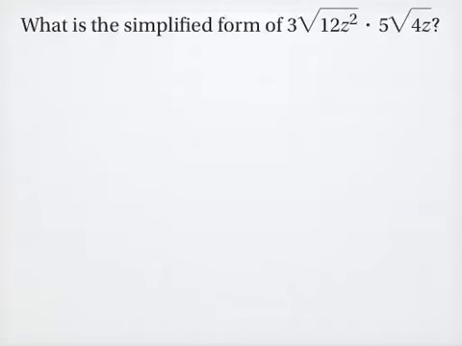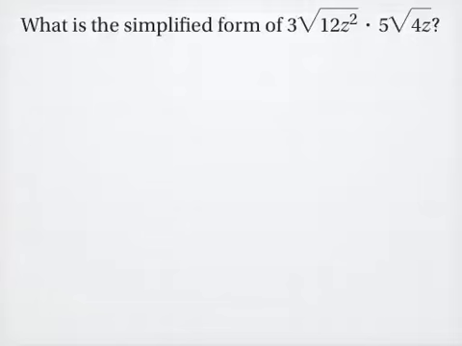This example asks us, what is the simplified form of 3 square root of 12z squared times 5 square root of 4z? You have an option here. Both the square root of 12z squared and the square root of 4z can be simplified right now, and you could choose to go ahead and do that. I didn't.